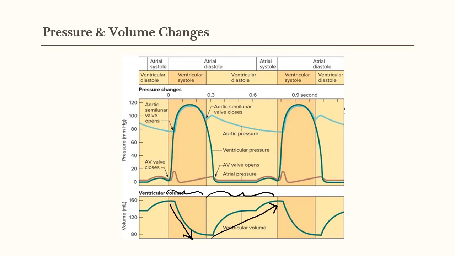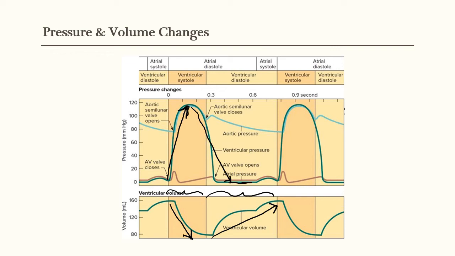Very straightforward concept. Similarly, pressure has an inverse relationship with volume. During systole, the ventricles are contracting. That's why the pressure inside the ventricles goes up. While during diastole, because the ventricles are relaxing, the pressure goes down and it eventually reaches almost zero. So these are the pressure changes in the ventricles during systole and diastole.